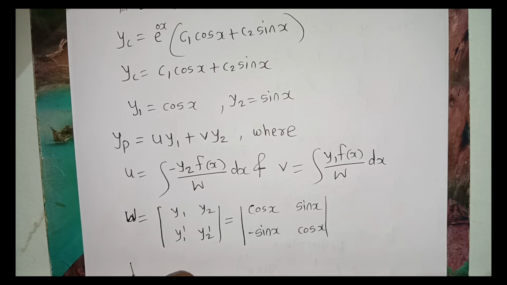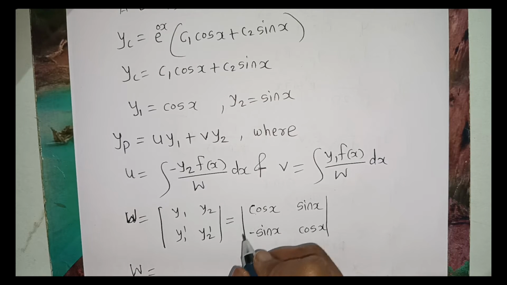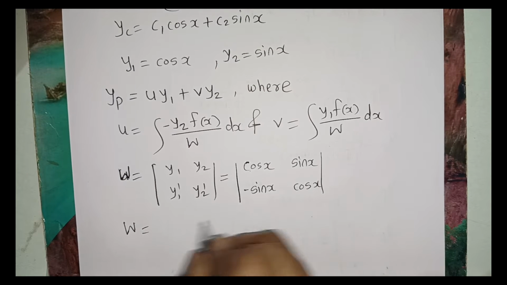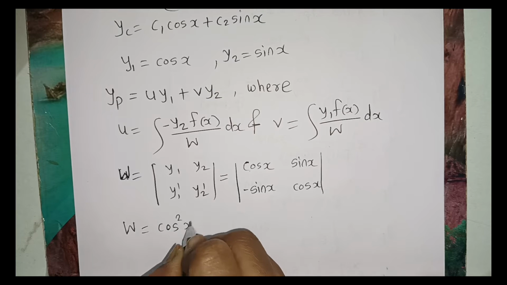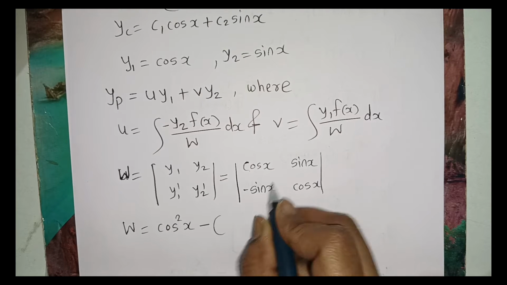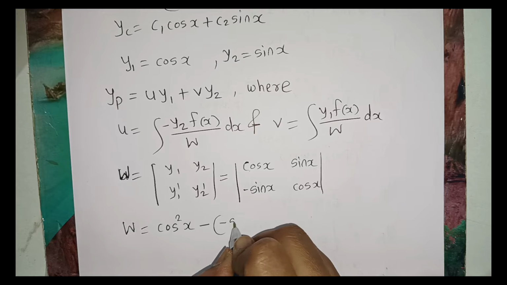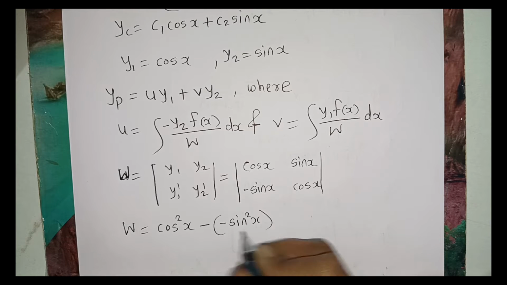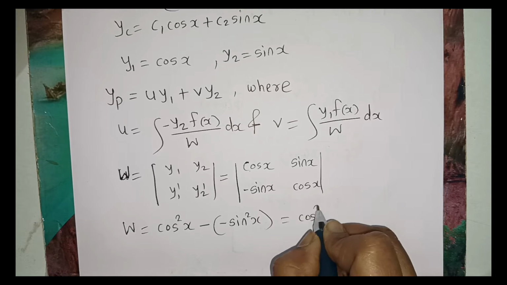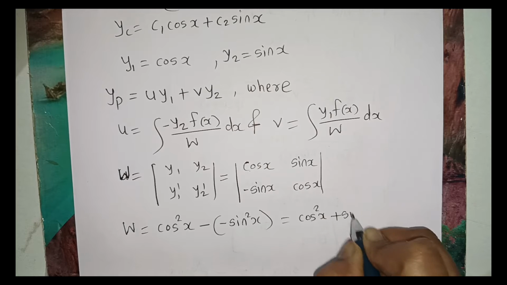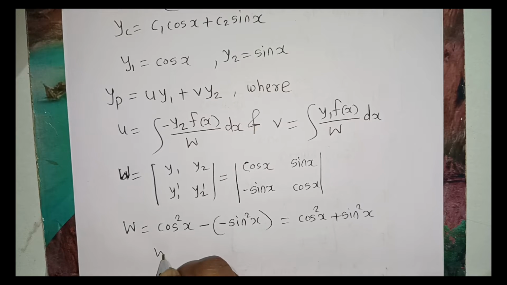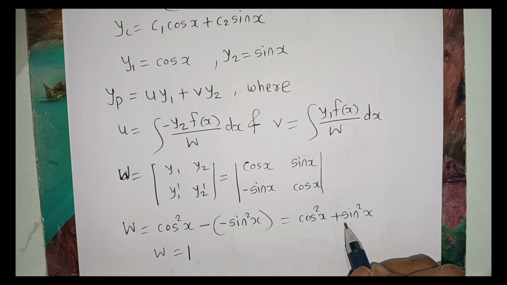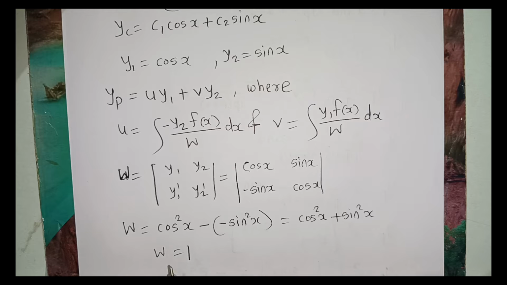So this determinant, the Wronskian, is cos times cos, which is cos square x, minus sin x times sin x, so minus sin square x. So it is clearly equal to cos square x plus sin square x. By using the basic identity of trigonometry, cos square x plus sin square x is equal to 1.